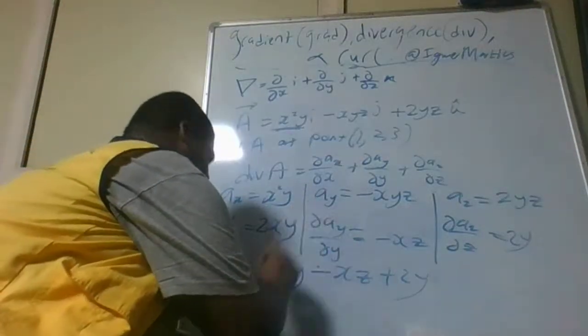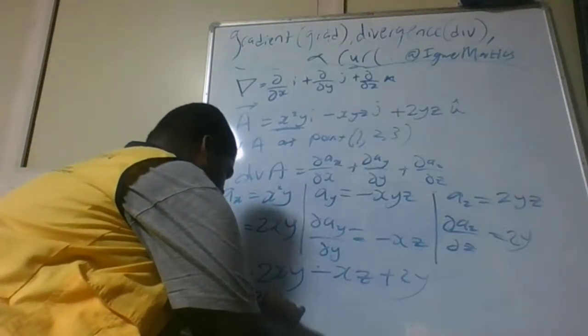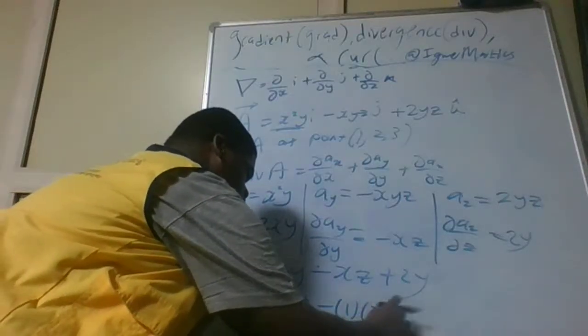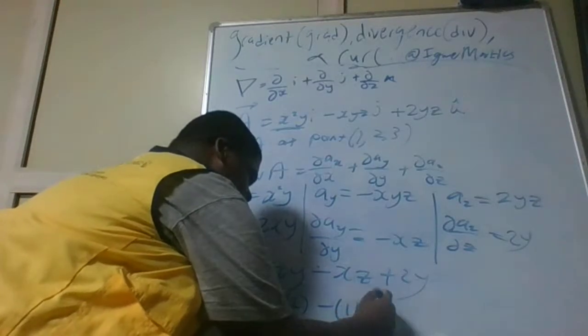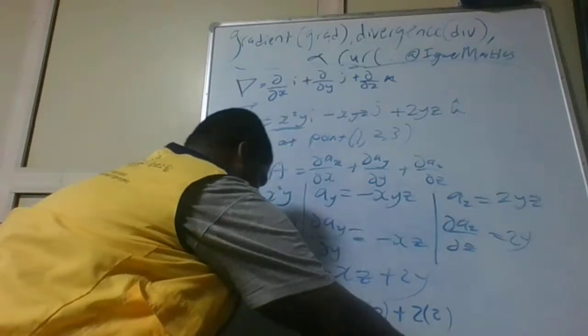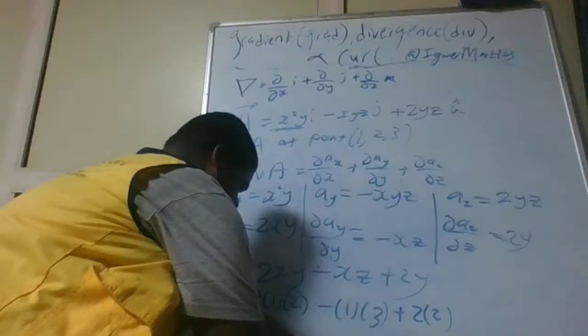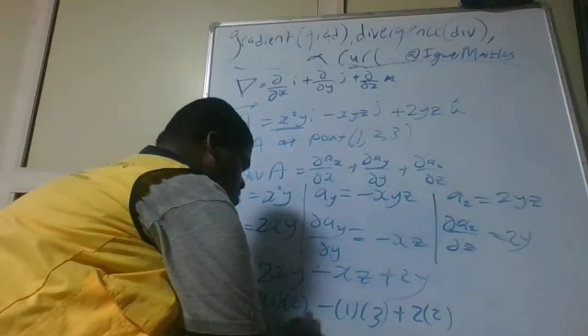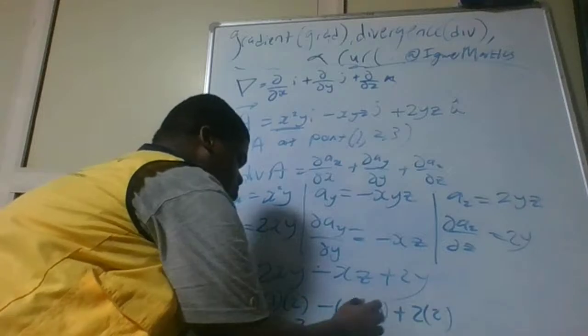If x is equal to 1, you're going to have 2 times 1 times 2 minus 1 times 2. No, sorry, minus 1 times 3. Because z is equal to 3, plus 2 times 2. So this will be equal to 2 times 1 times 2, that's 4, minus 1 times 3, that's 3, plus 2 times 2, that's 4.